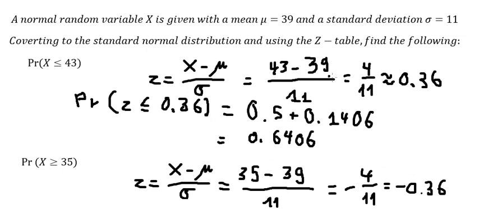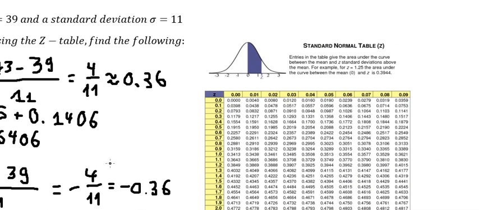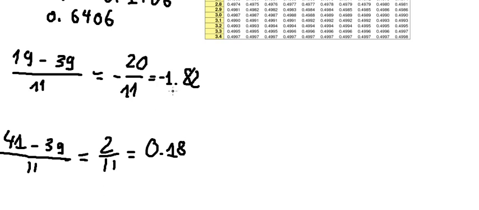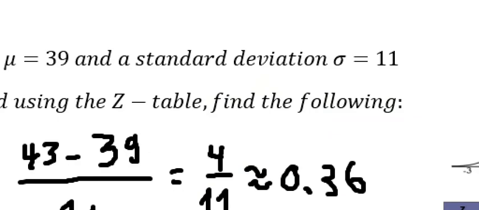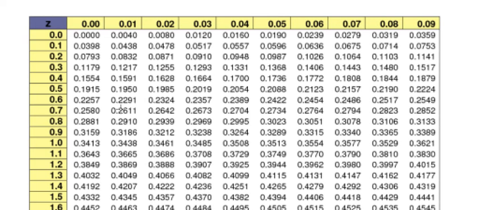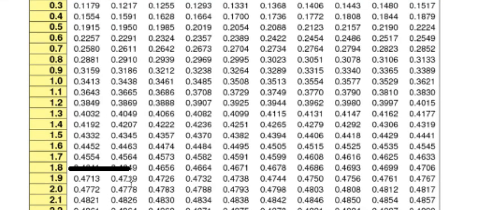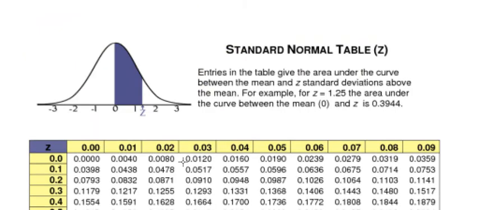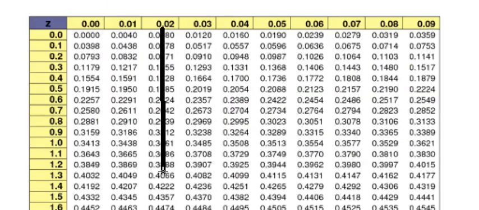So we go back to the table, and we need to find negative 1.82. So we just find number 1, number 8. So that should be about here. Number 2, that should be about here.